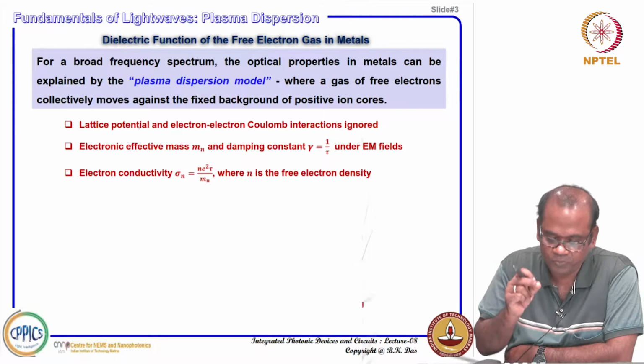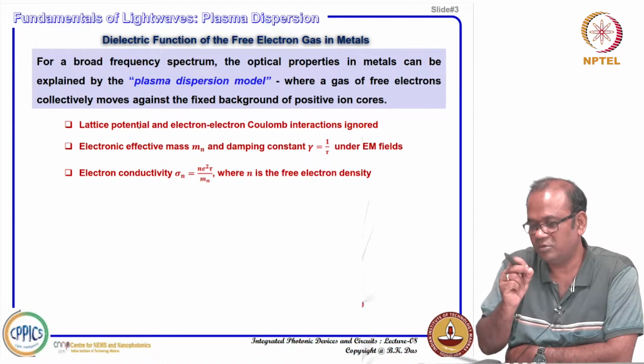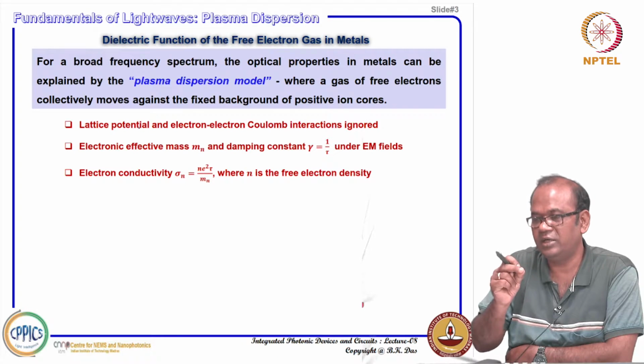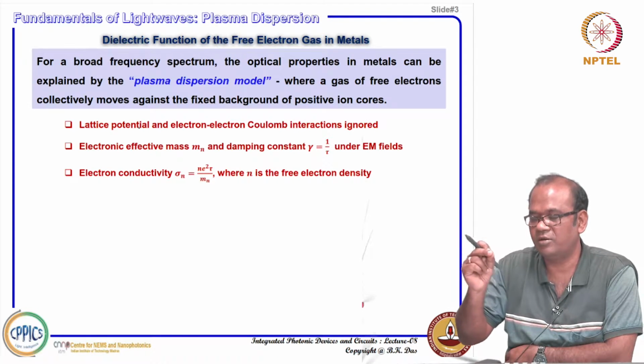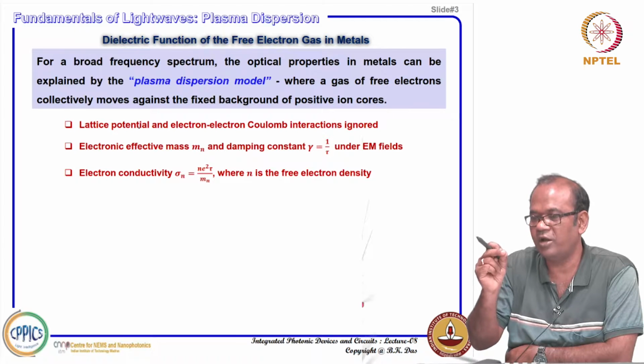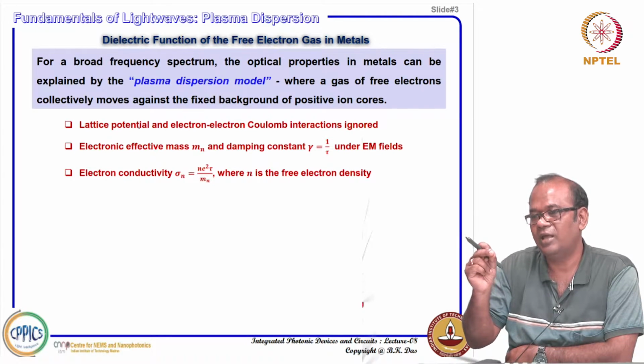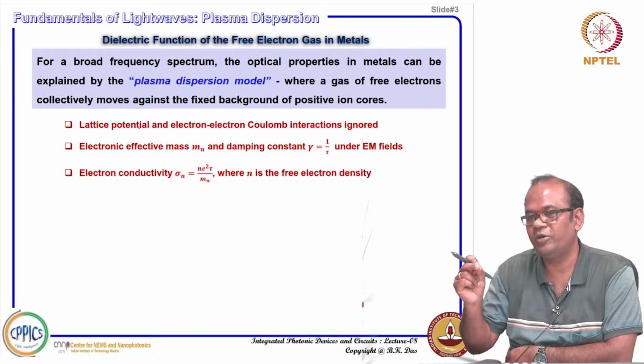And this potential is periodic in a crystal, whether it is a metal or a semiconductor; these positive ion cores contribute some kind of periodic potential for the electron.